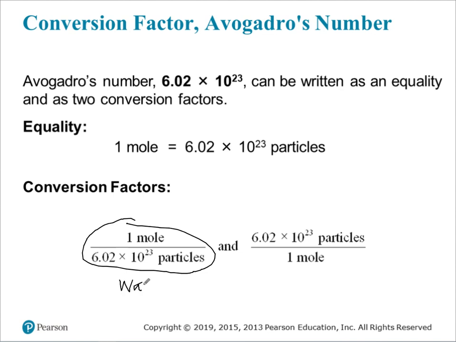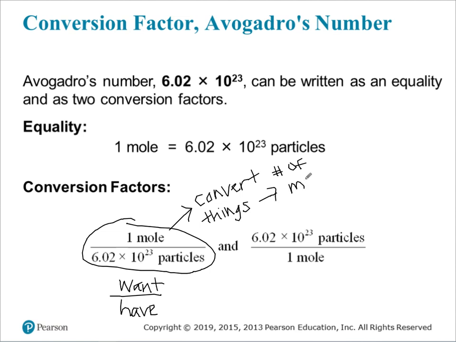So if we want to cancel units, the unit on the bottom is always what we use when we're multiplying by a conversion factor. This one, you're going to convert number of things to moles.